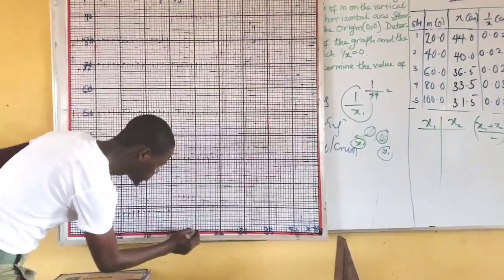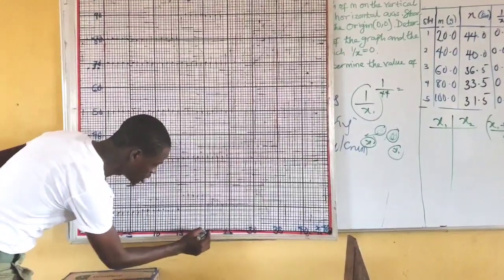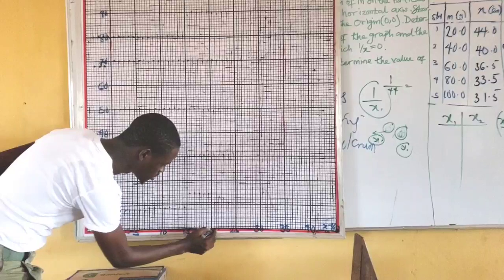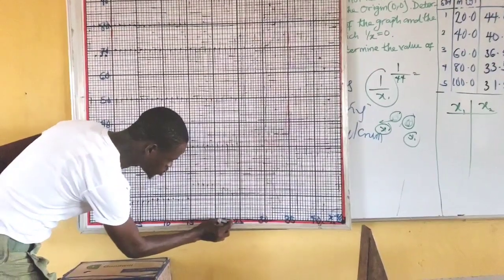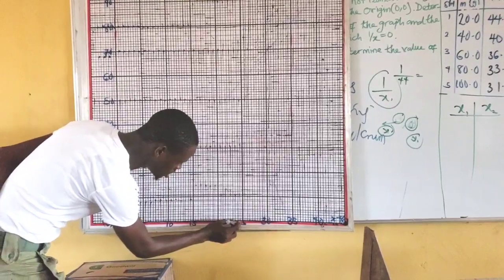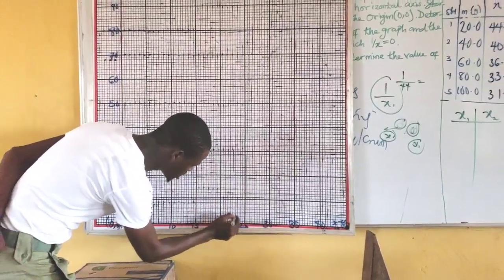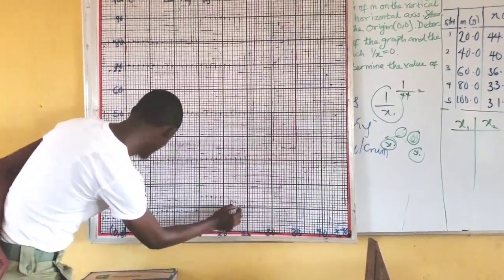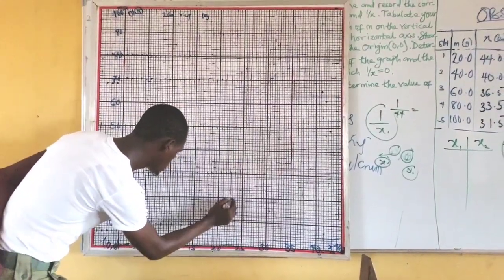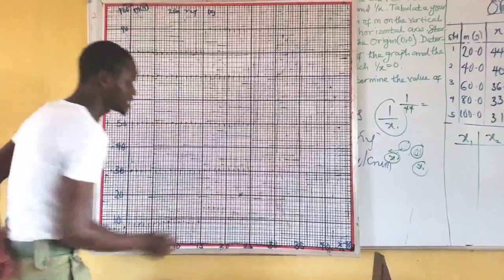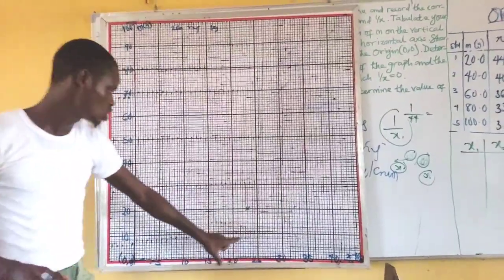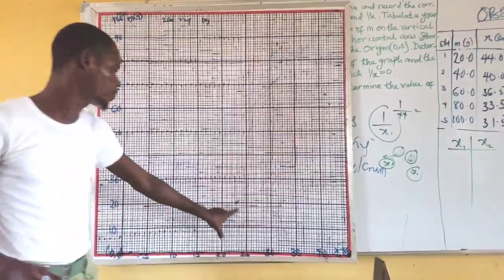This is 20, 21, 22, 23. This is my 23 here. From here to here, this is my 23. And I'm going to 20. So I can use an asterisk like this to indicate. So this is 20 to 23.0.